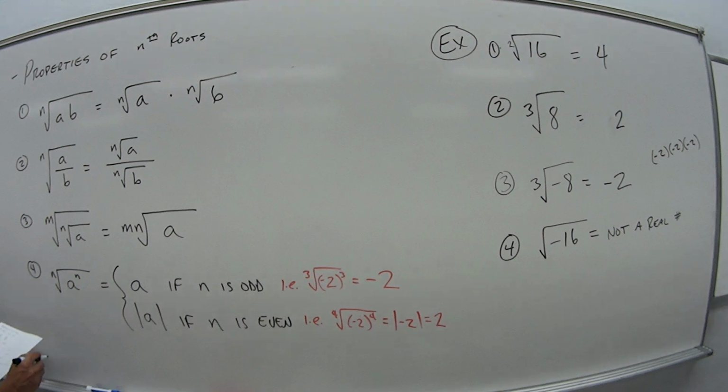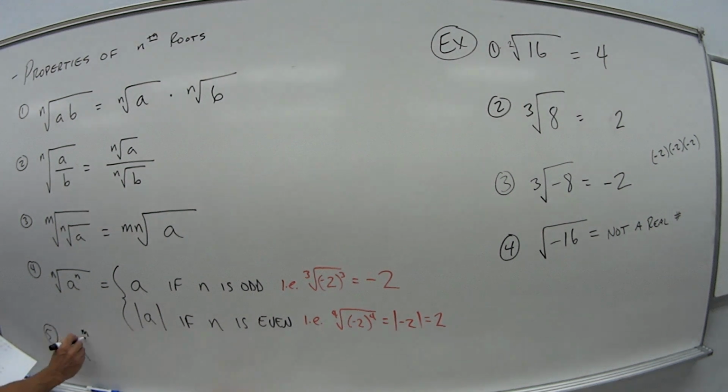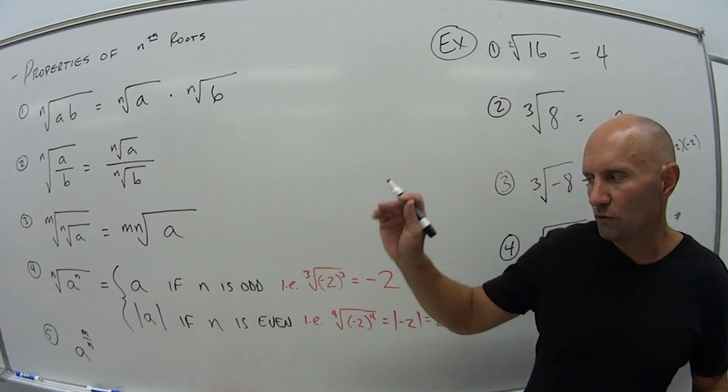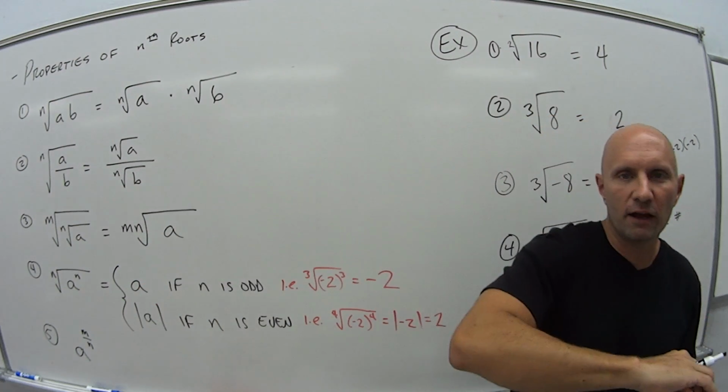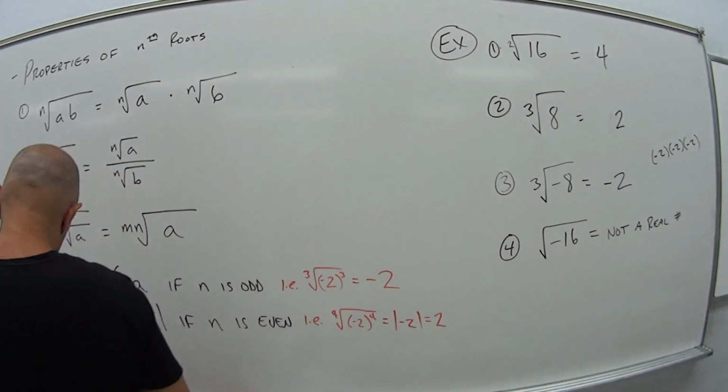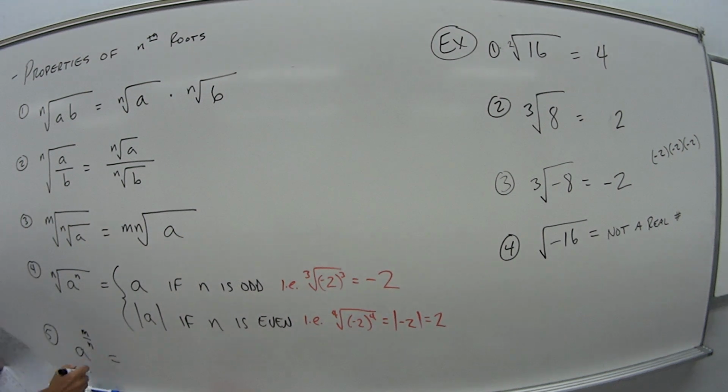And then lastly, if I have a to the m over n, this is the one you're going to be using a lot. This allows us to convert from radicals to exponents or exponents to radicals. So this is equal to whatever is in the bottom of this fraction is my root.